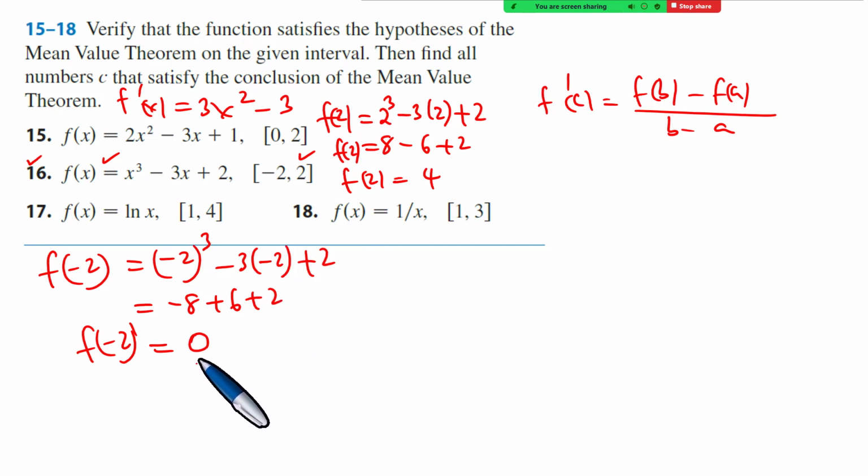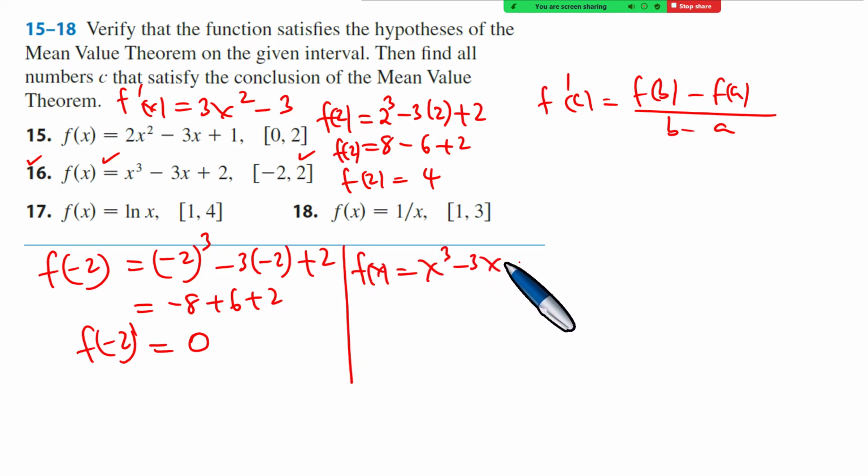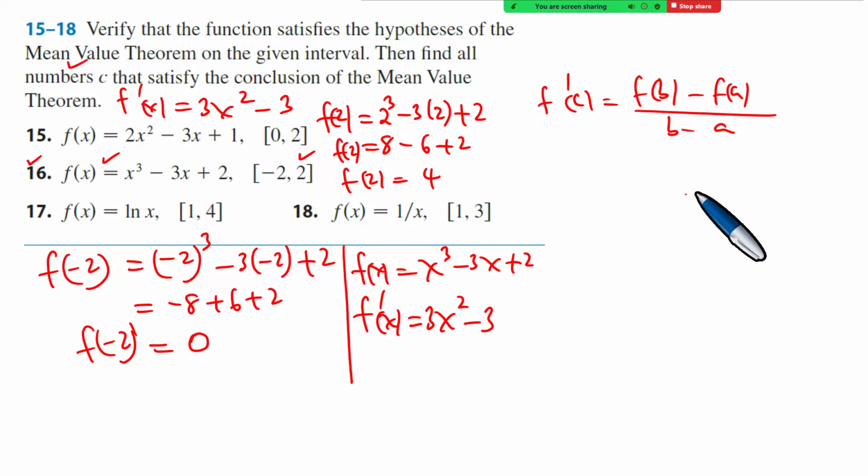Okay, we're good. What is the derivative next? Because we want to find f prime of c. So f of x is x cubed minus 3x plus 2, which means f prime of x is 3x squared minus 3. Now we determine f prime of c in this particular expression. Remember, we are dealing with the mean value theorem.